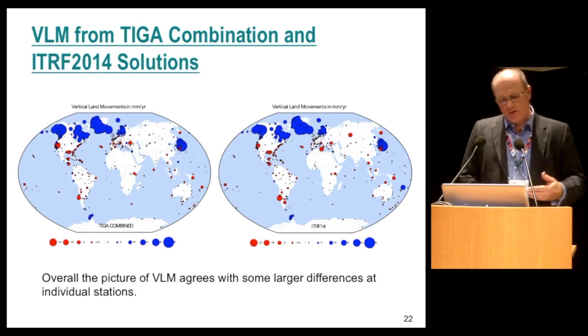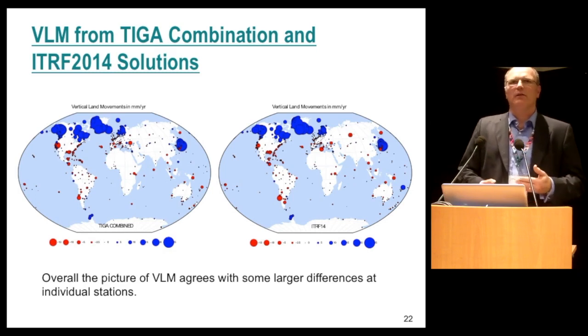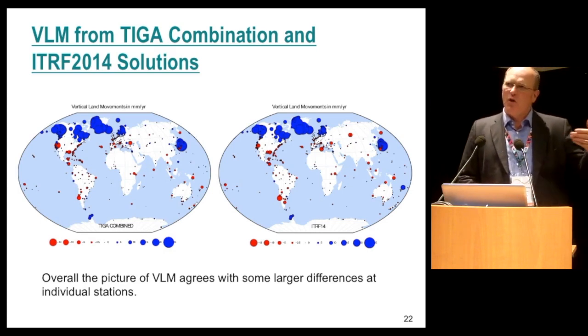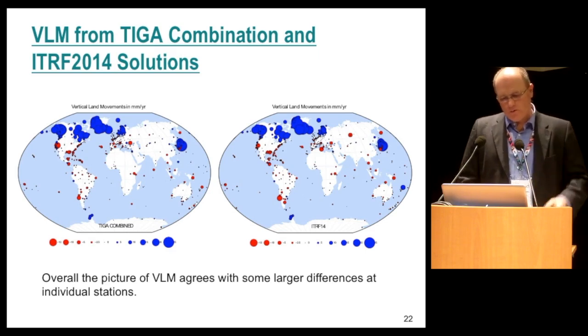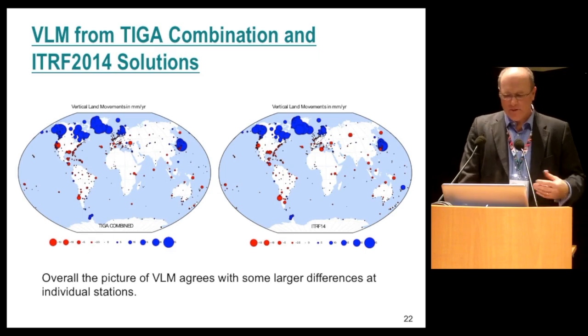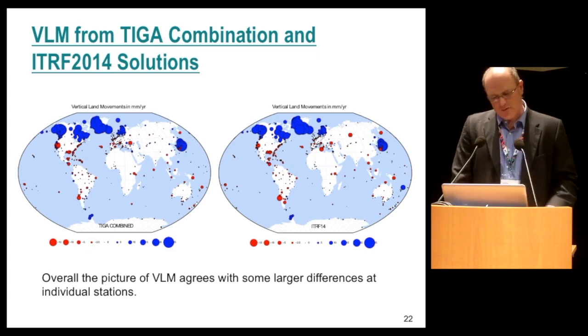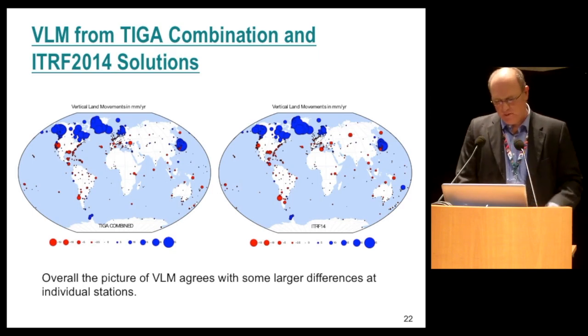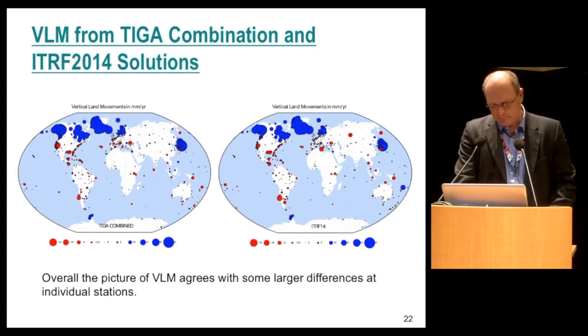And of course, the more offsets you include in a time series, the lower your velocity will be, the closer it will be to zero. So we will have to look at this, but if there is an undetected offset in a different solution and we have an extra one, it might take away some of the magnitude.